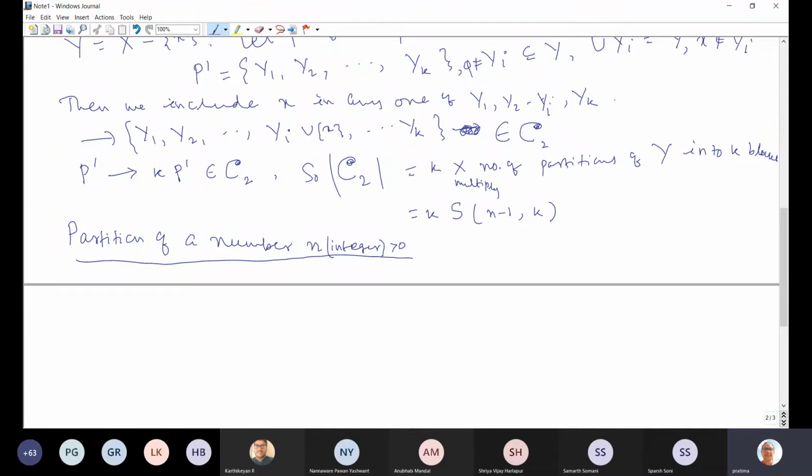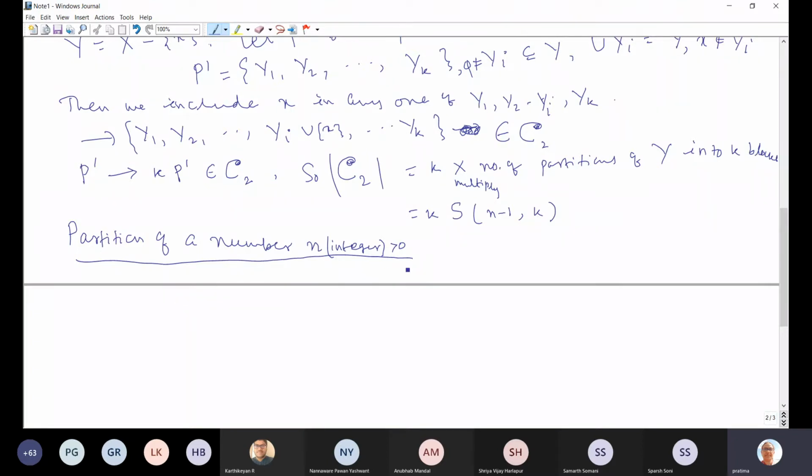So what is the meaning of partition of a positive integer? The partition of a positive integer means the number of ways in which this n can be expressed as a sum of positive integers without counting order.